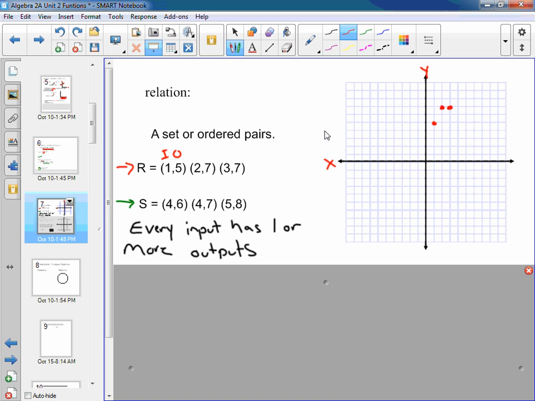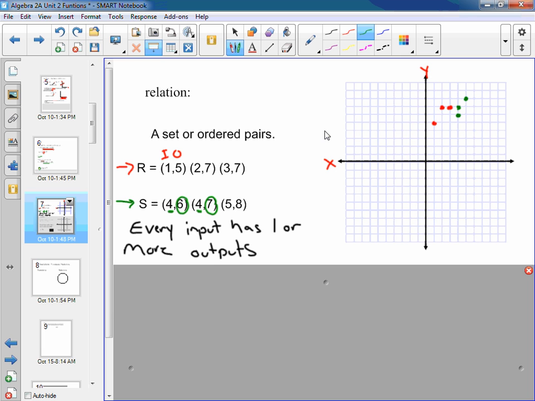Then we're going to graph the green relation. 4, 6. So 4, 1, 2, 3, 4, 5, 6 is here. 4, 7 is here. And 5, 8 is here. Notice here though the green, that the input 4 has 6 for an output and 7 for an output.